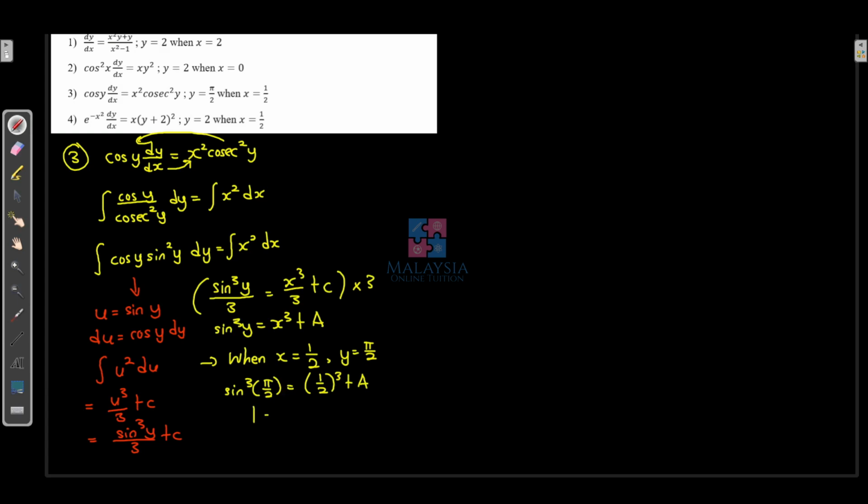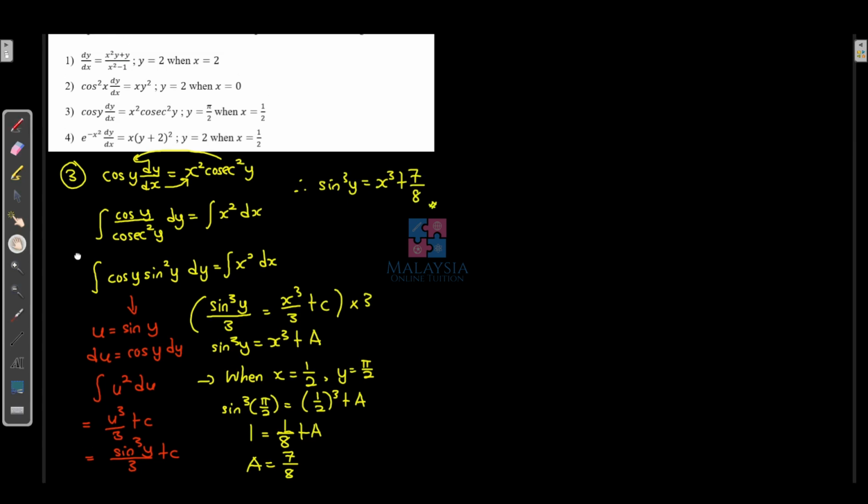So on the left we have 1 equals 1 over 8 plus a. So finally a is 1 minus 1 over 8, and that is 7 over 8. And the conclusion: the answer is sine cube y equals x cubed plus 7 over 8. This is the final answer for part 3.